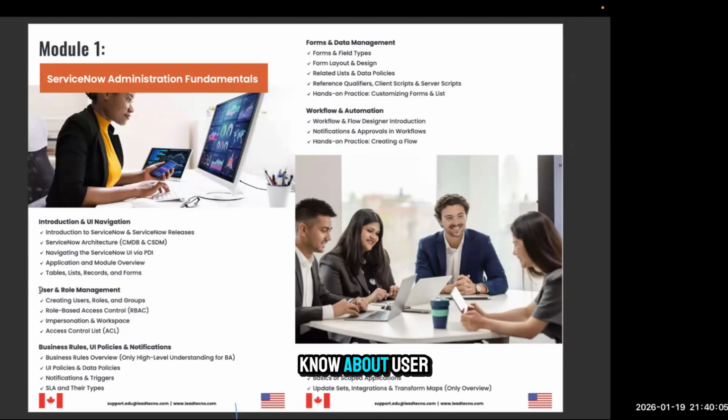Then we will know about user and role management, that is how you can create different users, roles, and groups. For example, you're working for a company who needs their HR process. Now you will capture the number of HR users that are there. What roles are there. So who is the HR admin? Who is the HR manager? Who is the HR associate? Or who is the employee? Those kinds of roles. And which groups do they fall under?